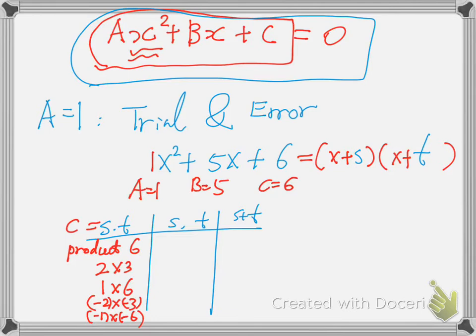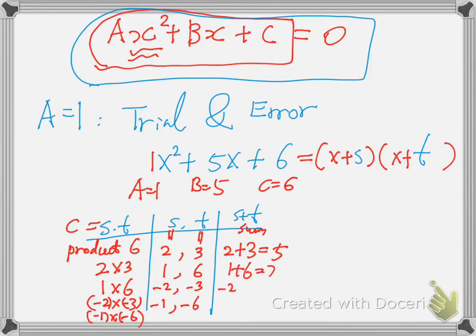So now what are these two numbers? s is 2, t is 3. s is 1, t is 6. s is negative 2, t is negative 3. s is negative 1, t is negative 6. So what's the sum? The first one, 2 plus 3 is, this is the sum condition, 5. 1 plus 6, 7. Negative 2 plus negative 3, negative 5. Negative 1 plus negative 6, negative 7.